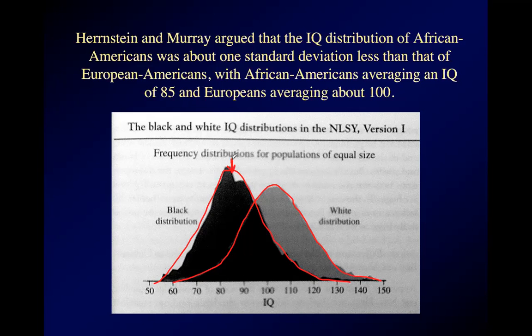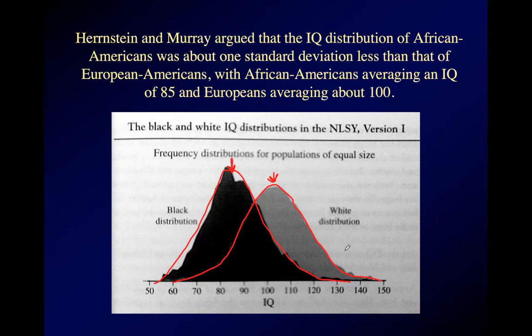The average is about 85. People of European descent, it's about 100, maybe a little above. So the IQ distribution of African Americans is about one standard deviation less than that of European Americans.